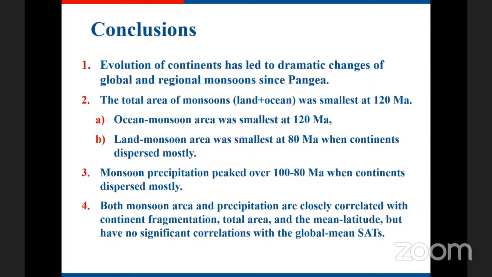The fourth point is that both monsoon area and precipitation are closely correlated with continent fragmentation, total area, and the mean latitude, but have no significant correlations with the global mean surface temperature.